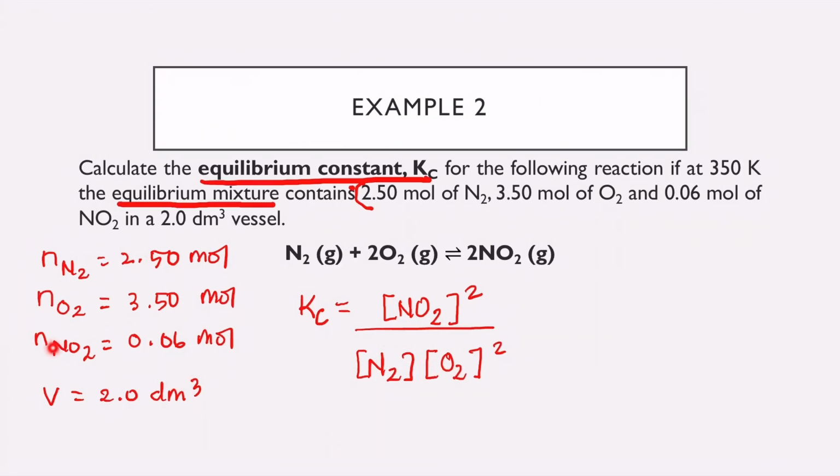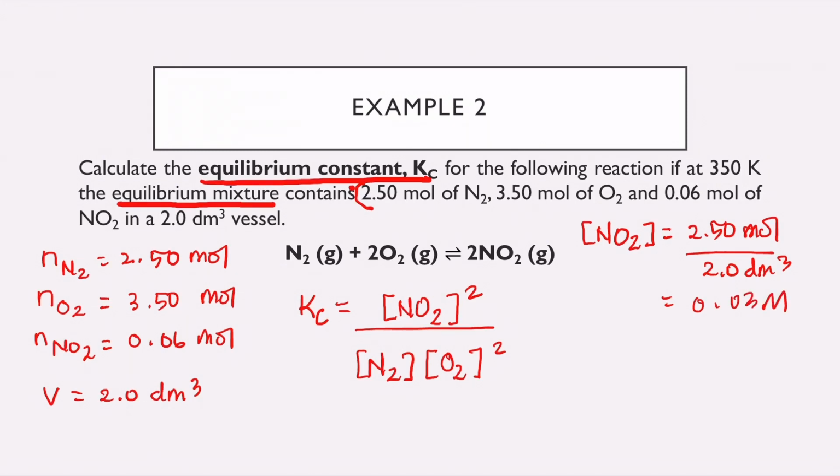Okay, so that means to find Kc, you will need the concentration of NO2, N2 and O2. Since you have the number of moles, and you have the volume, can you find the concentration? You can, right? So concentration of NO2 will be 2.50 mole over 2 dm cubed. So calculate, what do you get? For NO2 you get 0.03 molar. For nitrogen you get 1.25 molar. Just to be quick, I directly write the answer for oxygen, 1.75 molar.